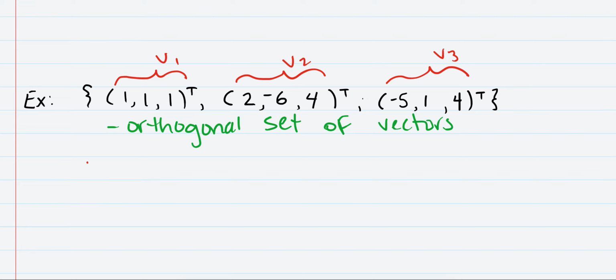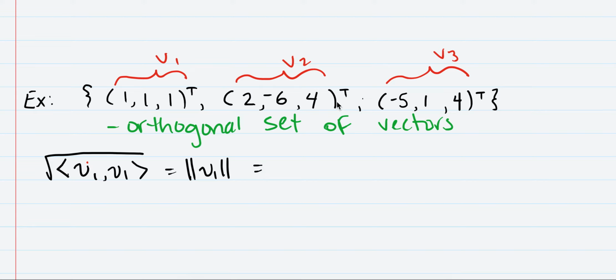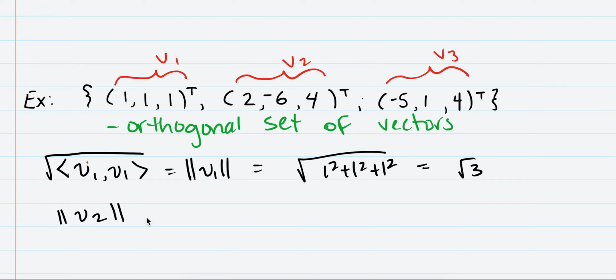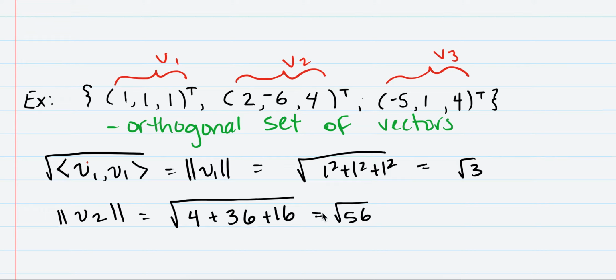So let's figure out the length of 1, 1, 1. If we take the inner product of V1 with itself and then take the square root, this is the length of V1, and that is the square root of 1 squared plus 1 squared plus 1 squared, which is the square root of 3. If we take the length of V2, we're going to get the square root of 4 plus 36 plus 16. That is square root of 56. I'm not going to simplify that radical.